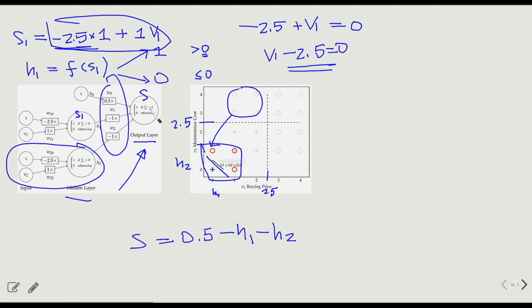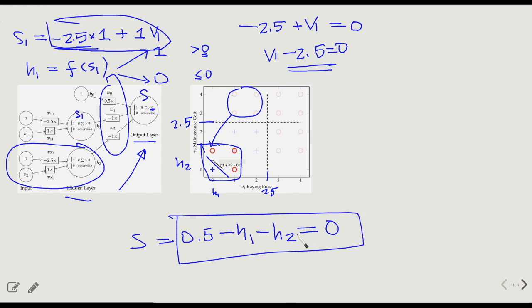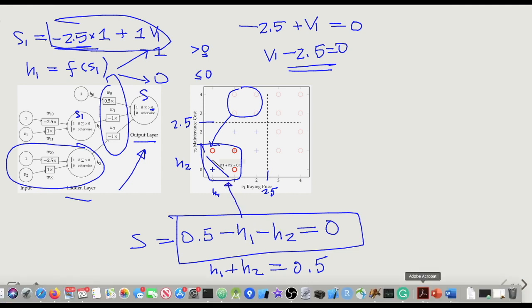Okay. And again, we see that if it's above 0, it's going to be 1. If it's below 0, it's going to be 0. So the separation line is really when this is equal to 0. Okay. And so this is the linear equation that separates the two. If we rearrange the variables, this is exactly H1 plus H2 equal to 0.5. The same linear function that we discussed earlier to separate the transformed data on the H dimensions.